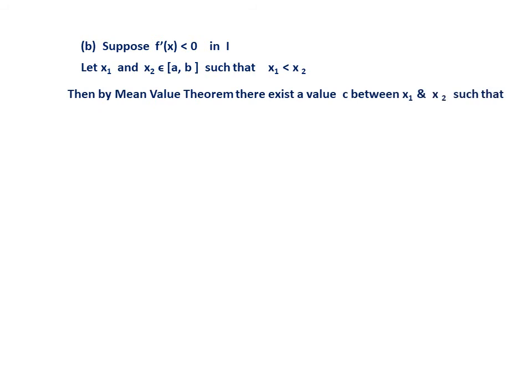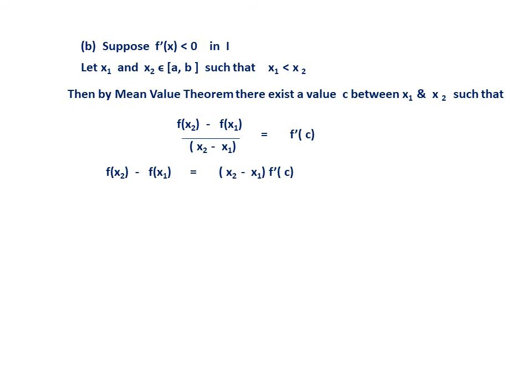Then by the mean value theorem, which we studied in chapter 5, there exists a value C between x1 and x2 such that f of x2 minus f of x1 divided by x2 minus x1 equals f dash C. Now once again, f of x2 minus f of x1 equals x2 minus x1 into f dash C. But here x2 is more, x1 is less, so x2 minus x1 is positive. But what about f dash C?